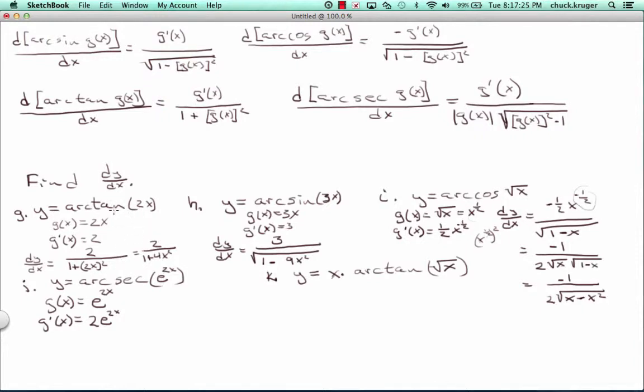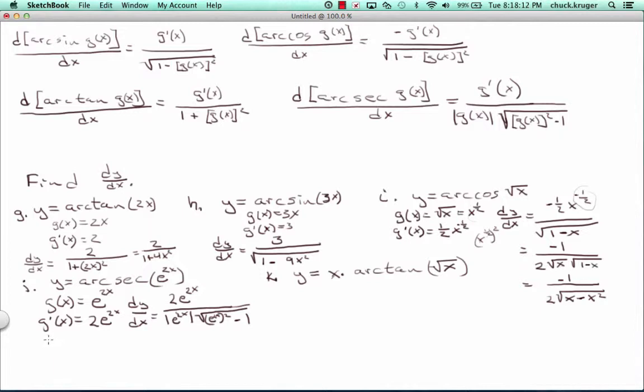So again, this is arc secant, and arc secant's over here, so I have dy dx, and g prime is going to be on top, so it's 2e to the 2x over the absolute value of e to the 2x, though e to the 2x is always positive, so I actually could drop those absolute value symbols, which I will in a second, times the square root of e to the 2x squared minus 1.